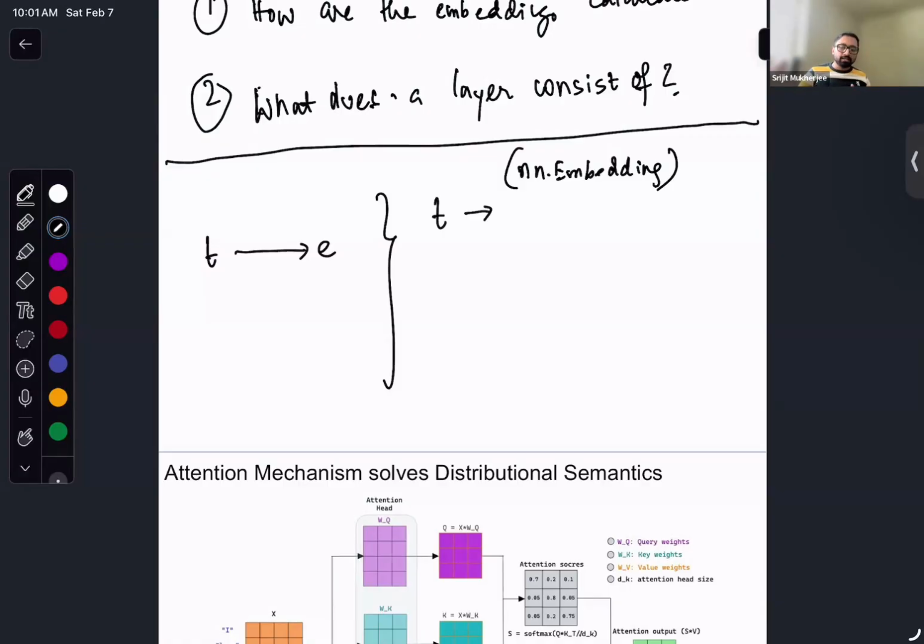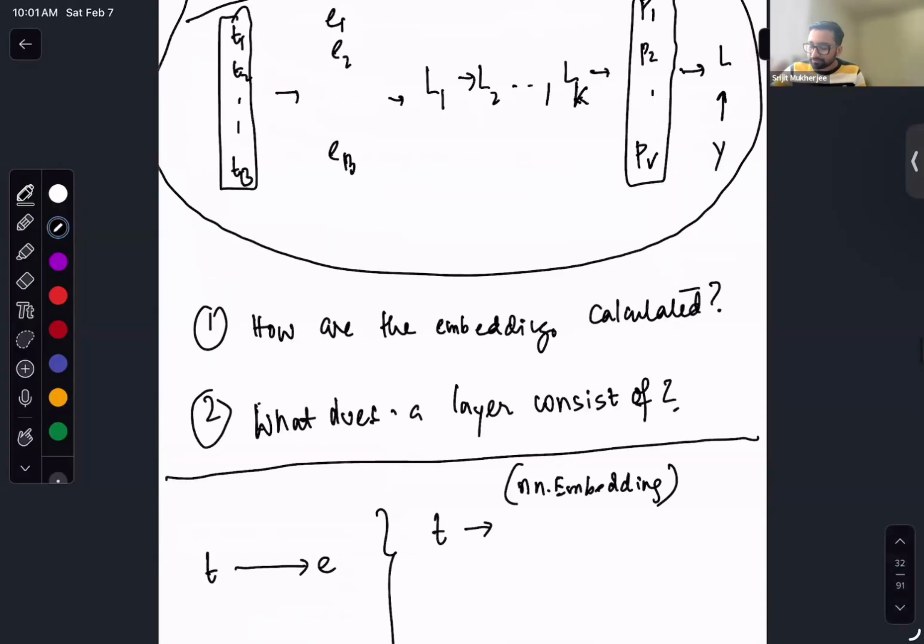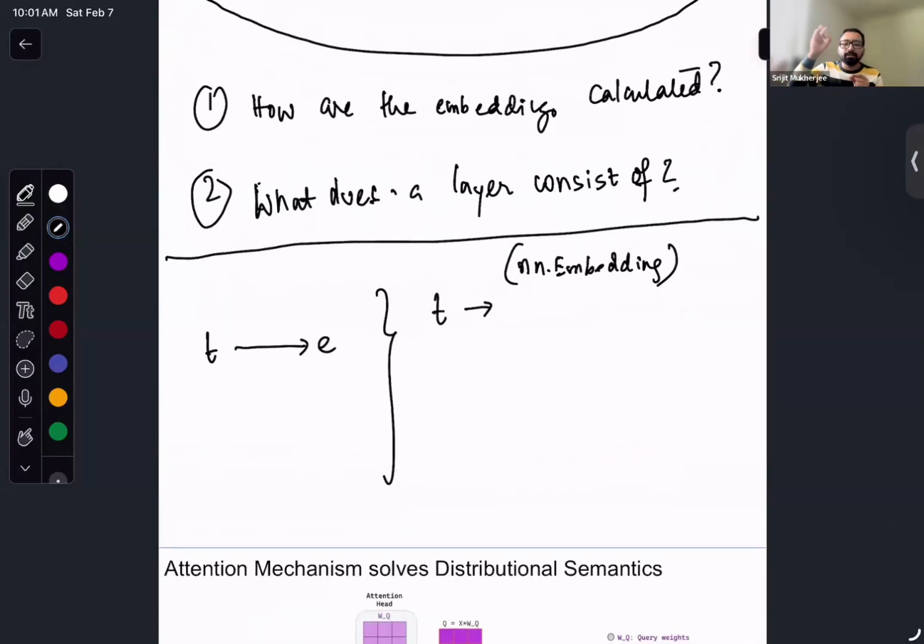So nn.Embedding. Let's understand this vocabulary. Each token is an element in the vocabulary. Let's say the token ideas is the 250th element in the vocabulary. Let's say there are 10,000 words, and out of that, ideas is 250th.